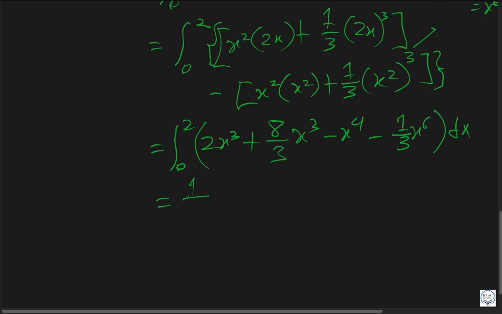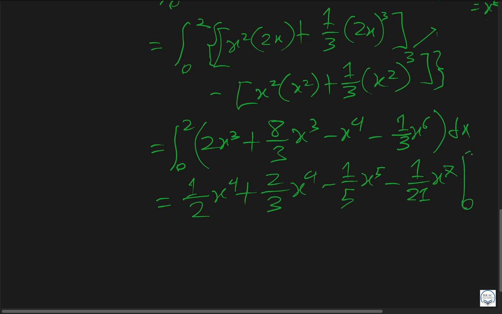So we get 2 over 4, which is just half, x to the power 4. We should get 8 by 4 into 3 times x to the power 4, but 8 by 4 is just 2, so we get 2/3 of x to the power 4, minus 1/5 of x to the power 5, minus 1 by 7 into 3, which is 21, so 1/21 times x to the power 7.